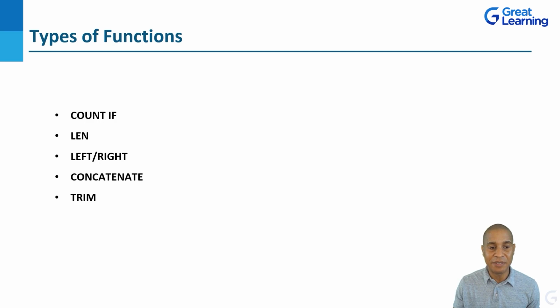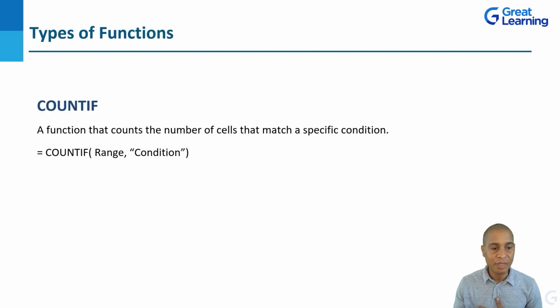So what is COUNTIF? A function that counts the number of cells that match a specific condition. COUNTIF has the essential parts of an Excel function. We initiate that function with equals. We use the start of the function, which is the keyword, which is COUNTIF, and then we pass in the parameters that are needed.